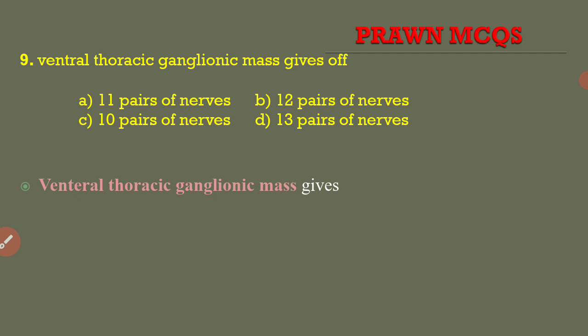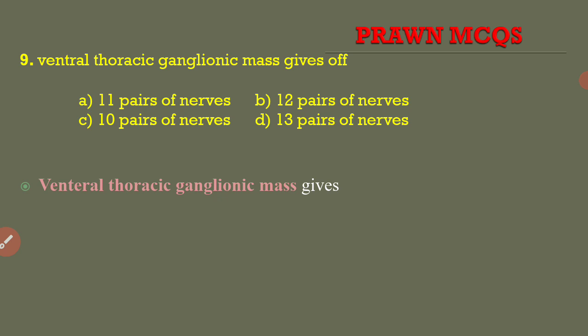Next one, ventral thoracic ganglionic mass gives off. This is a part of the nervous system of prawn. From this particular ganglionic mass, a number of nerves arise.